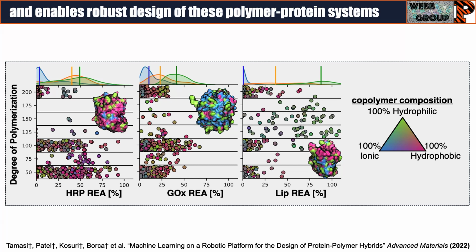Oh, and the coloration corresponds to some rough interpretation of the chemistry of that copolymer. I tell you all that, and then I'm going to tell you to ignore it, because what we're going to do is histogram the data upwards based off of when the data was collected. Then we get these distributions, which are shown up top.